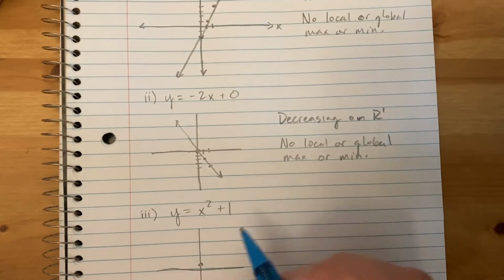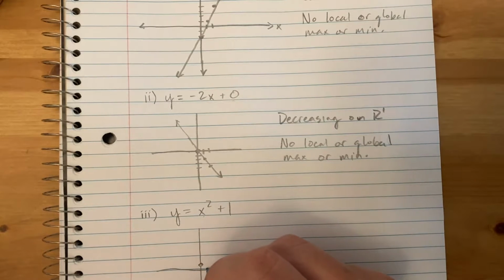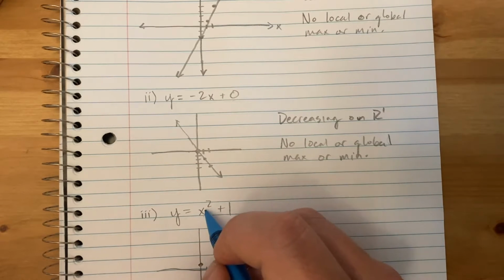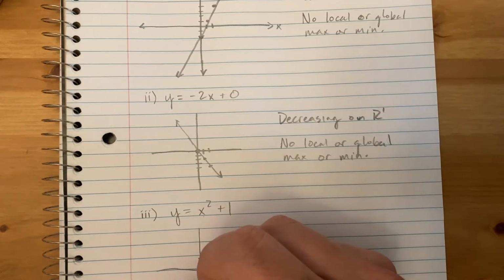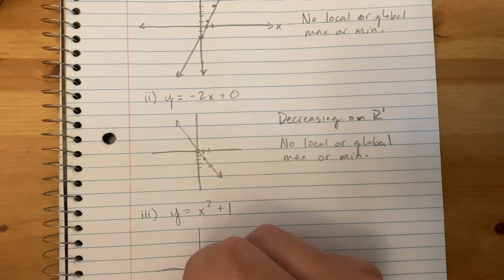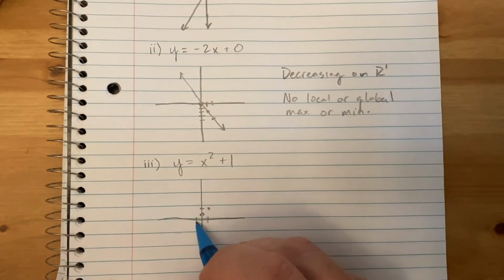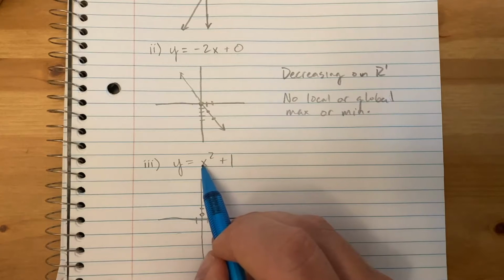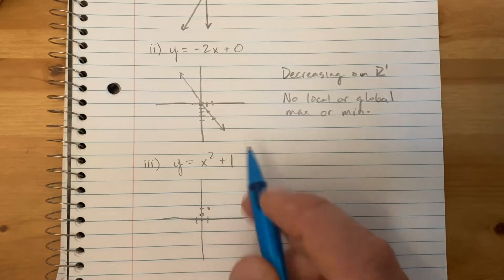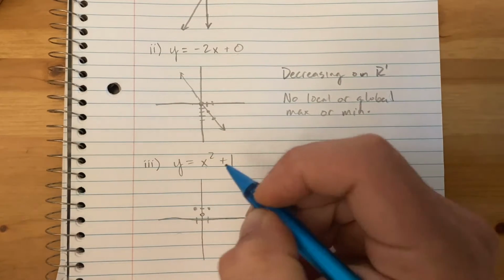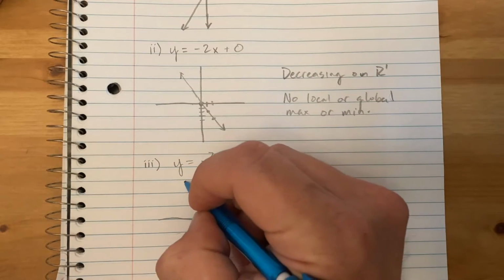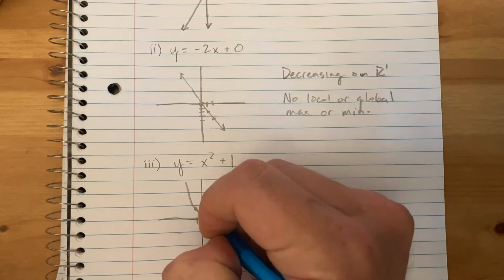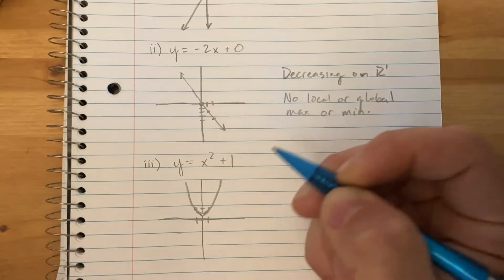Let's pick another point. x is 1. Well, 1 squared is 1, plus 1 is 2. And it's the same thing for -1, right? If x is -1, then we plug that in. -1 squared is just 1, plus 1 is 2 again. So there we go. And it's going to continue like that. I could plot some more, but you should have had something that looks like that, the parabola.